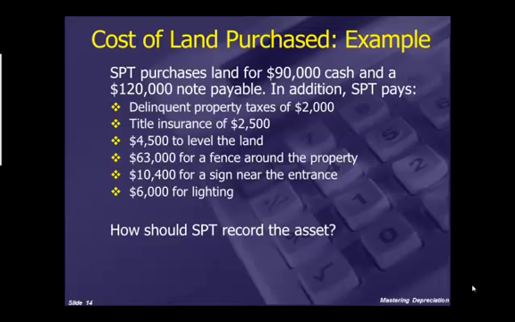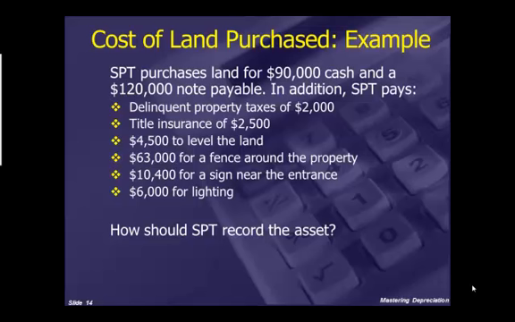Title insurance is where you're purchasing protection in the event the property that is sold to you did not have clear title, that the owner that sold it to you did not in fact own it without some kind of attachment. So that's why the title insurance. $4,500 to level the land, smooth it out, make it ready. $63,000 for a fence around the property. $10,400 for a sign near the entrance, so that's our signage, and $6,000 for lighting.